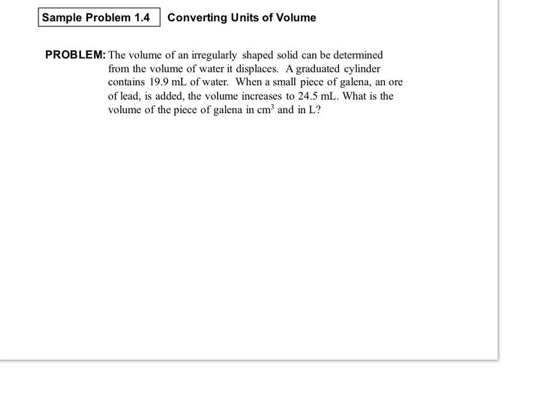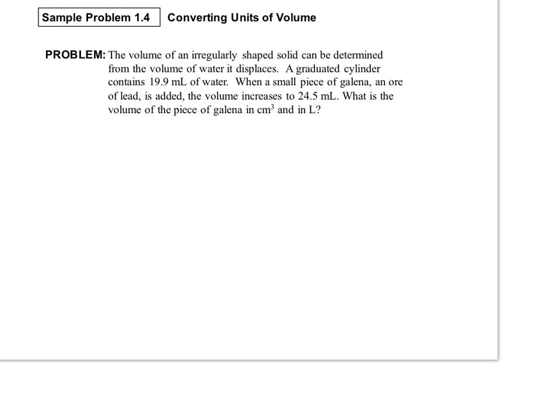Okay, so this is going to be another problem where I like to use my T. It's given us information, and the first step is to write down everything that it's given us. It's given us these numbers, 19.9 and 24.5, in units of milliliters. So I'm going to have to figure out what the actual volume of the piece of galena is.